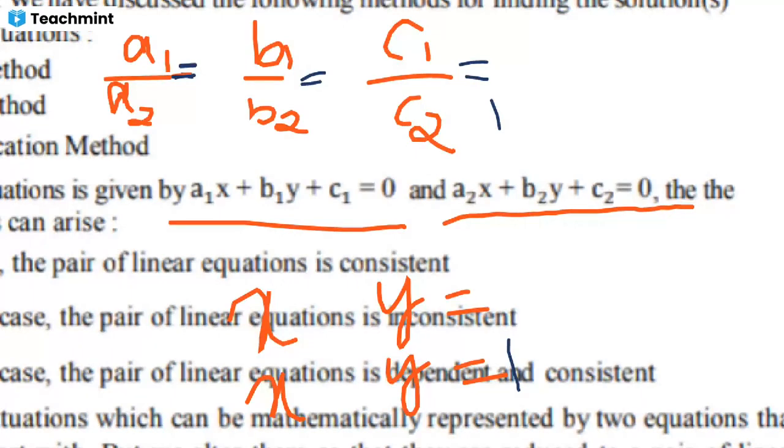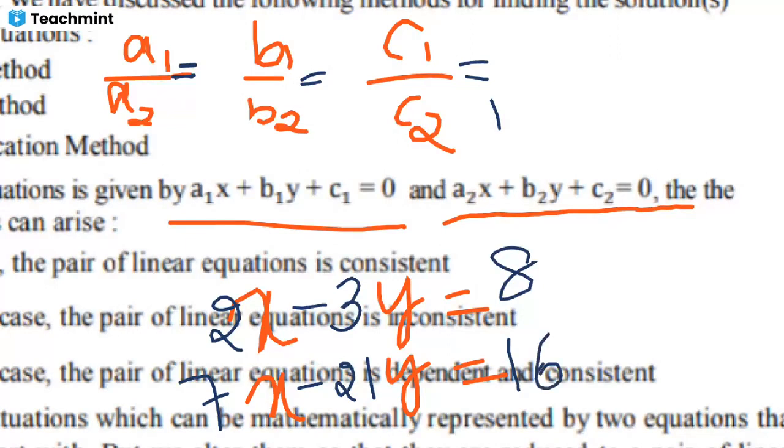So here we have 2x minus 3y is equal to 8, and here we have 7x minus 21y is equal to 16. Are you able to see the numbers that I have written here?